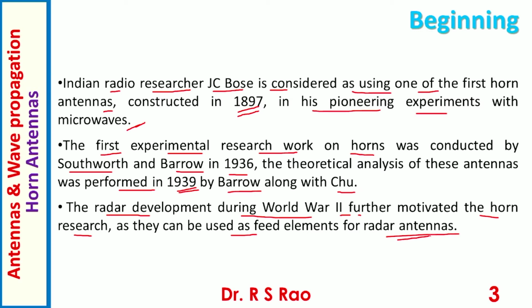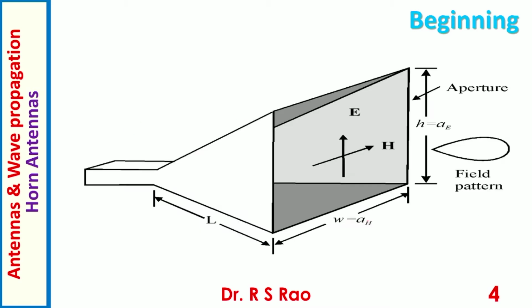Here it requires to be mentioned that the horn lens combination is a popular one, widely used in the design of radars. Here is shown a horn antenna. This is waveguide.